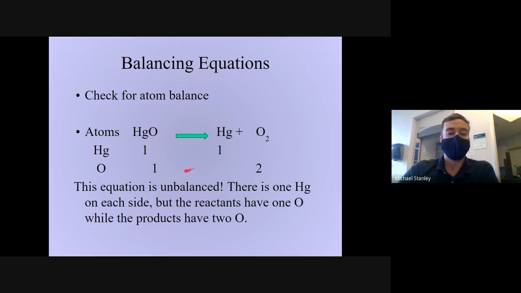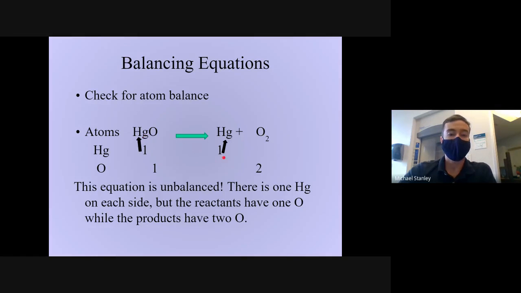So our equation is unbalanced. We have one oxygen on the reactant side, two oxygens on the product side. That's no good. That's an unbalanced equation. So we're going to try and fix it. We're going to try and make this equation balanced.